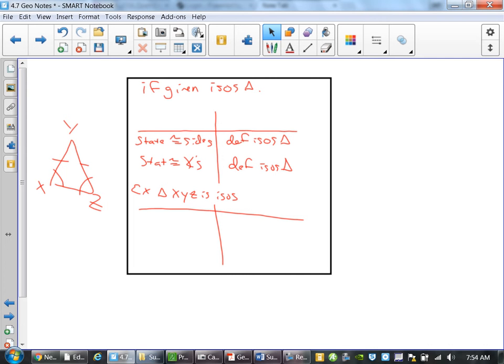It's that straightforward. Okay? So you'd state the congruent sides, you'd state the congruent angles.